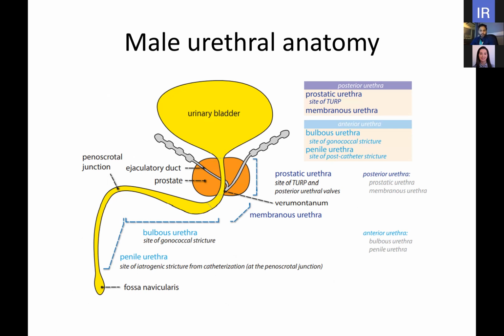The male urethra is obviously longer than the female's, which makes it prone to pathology and injury. You can divide this into two segments: the anterior, which is composed of the penile urethra and bulbous urethra, whereas the posterior segment is made up of the membranous and prostatic urethra.